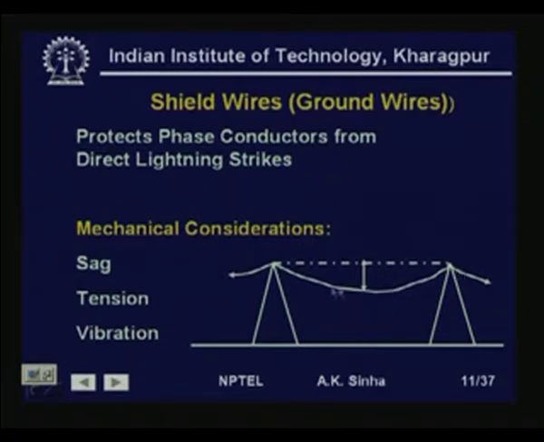This clearance again governs what is going to be the length between the two towers, or the span of the conductor. Another mechanical aspect that we need to consider is vibration.